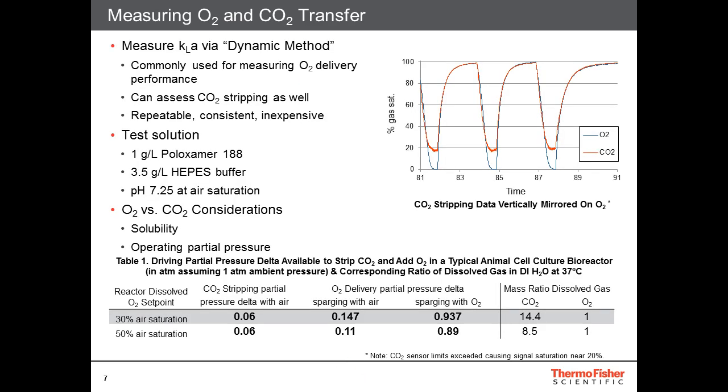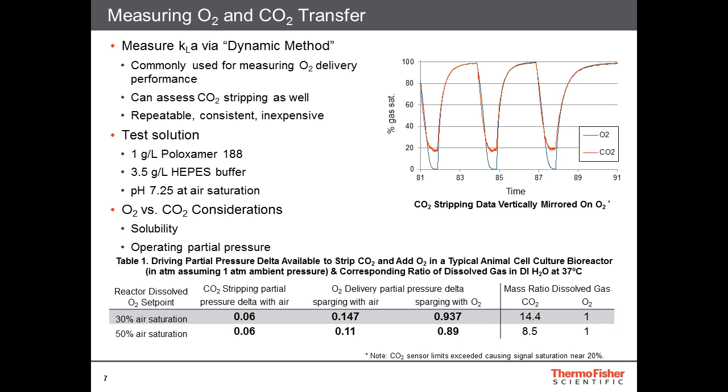With that being some of the critical design aspects, we have looked at the mass transfer efficiency as well as the coefficients for oxygen transfer to the cells, as well as stripping of carbon dioxide from the culture as well as from the headspace. We have used standard dynamic methods for measuring the KLAs.